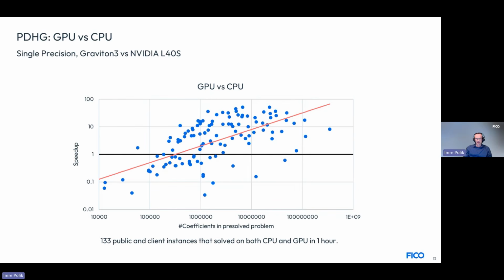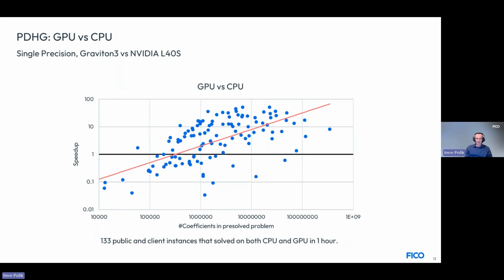There's a couple of good news in this picture. The one is that the trend line is definitely going upwards. So that means the larger the problem, the more speedup we can get from GPU, and that's exactly as expected.